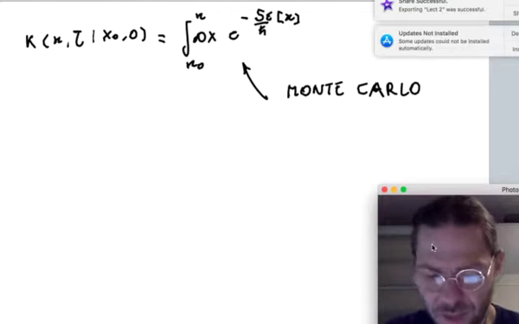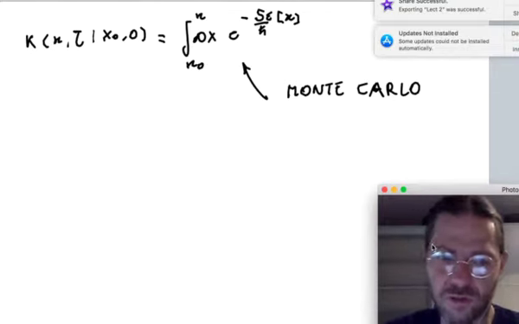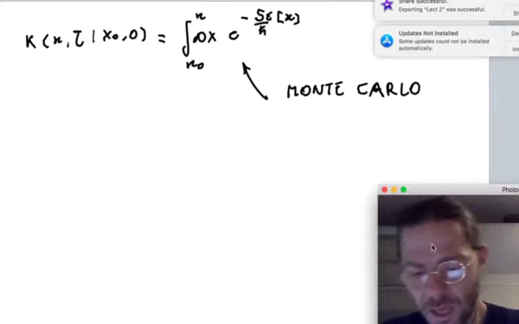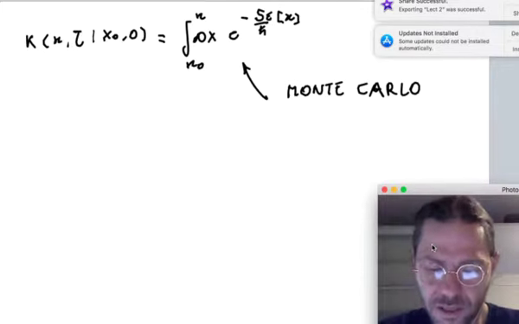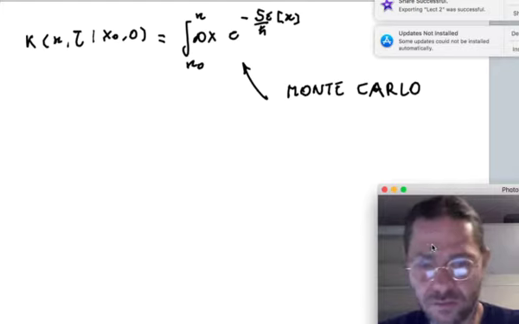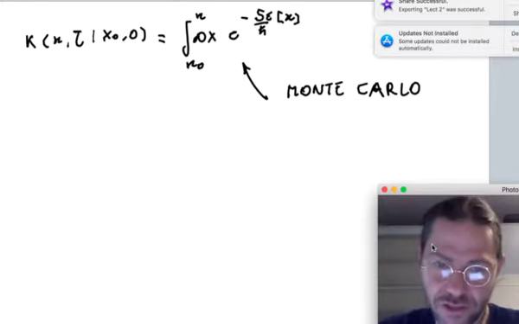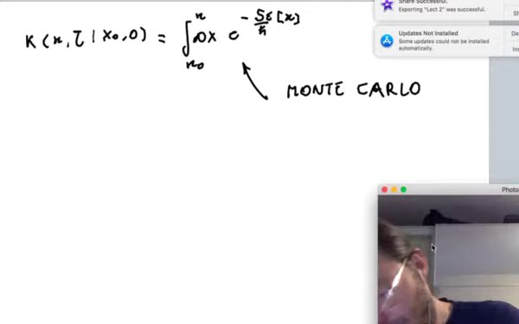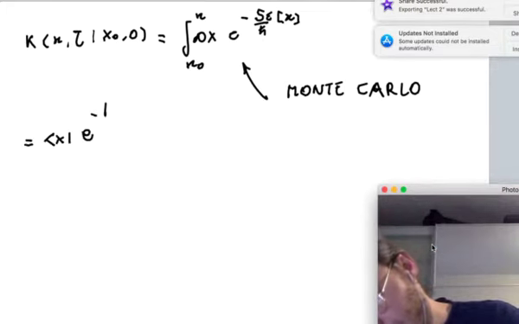So for the time being, let's suppose we can evaluate this object through Monte Carlo, which in many cases is actually possible. So how does this calculation lead to any ground state information, and how do I exactly extract it? Well, the way to do that is to remind myself that this is actually written in the following way.